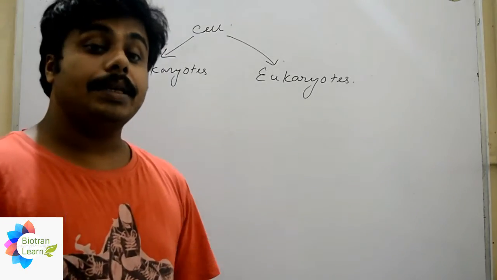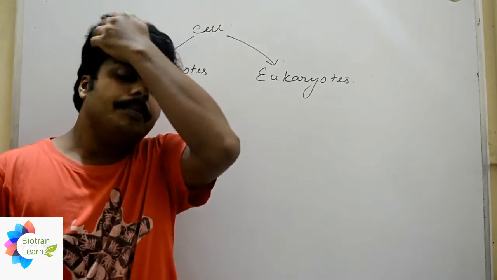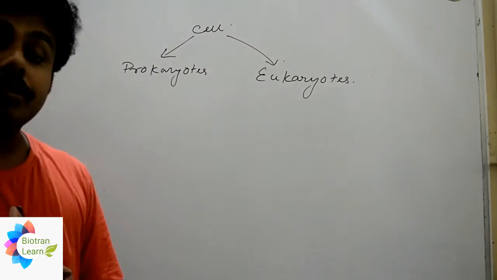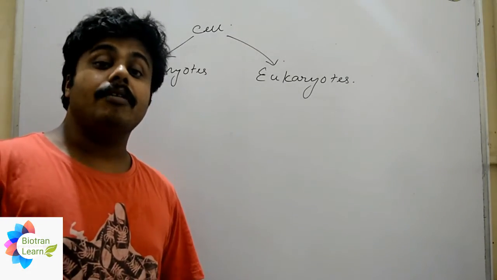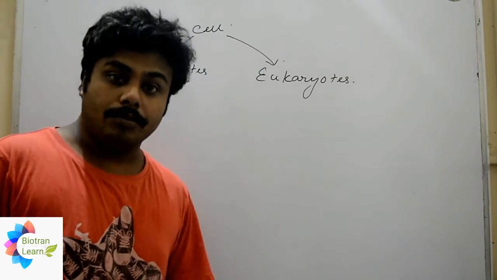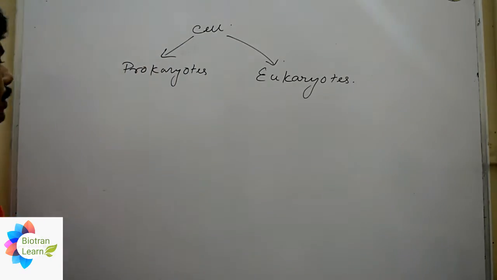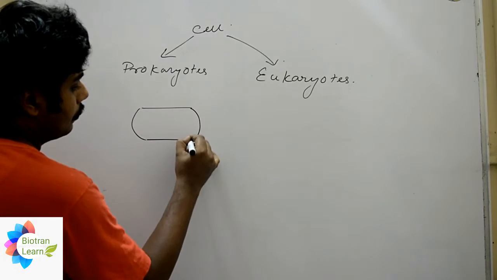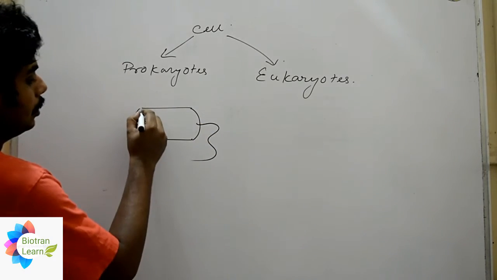Prokaryotic organisms lack a well-developed nucleus, while eukaryotic organisms have one organized, well-developed nucleus. So how is it? Suppose I am drawing a bacterium here.